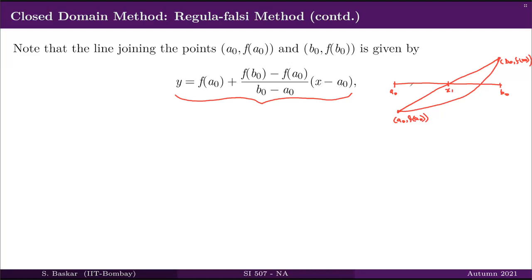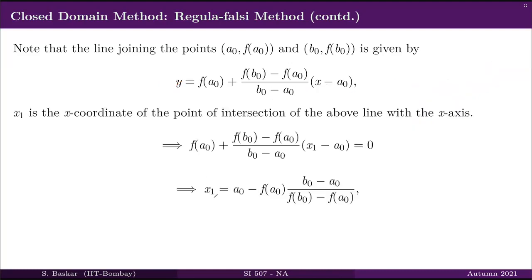So how to get this x1? Well, if you put x equal to x1 here, then you should get y equal to 0, right? That is the idea. So from here, you can get x1 equal to a naught minus f of a naught into b naught minus a naught divided by f of b naught minus f of a naught.